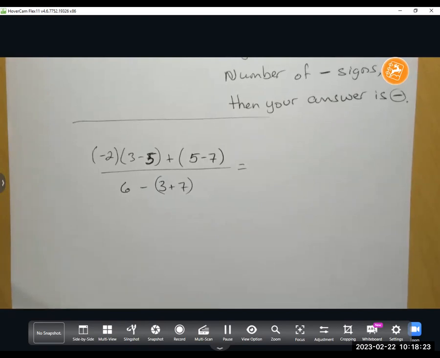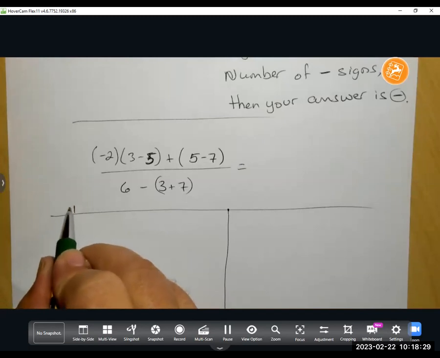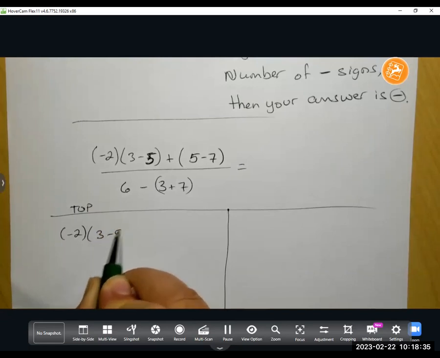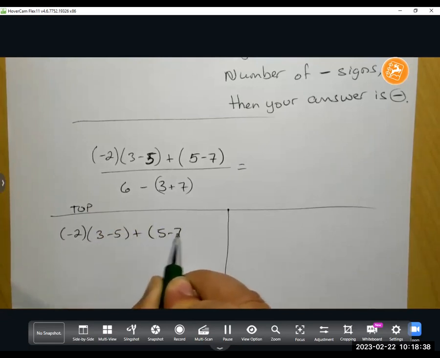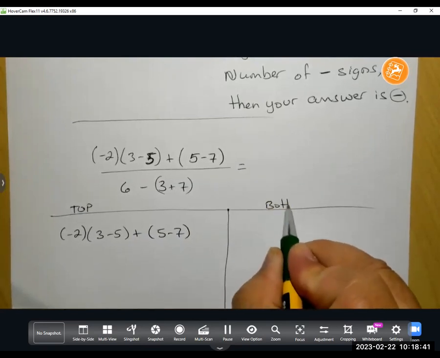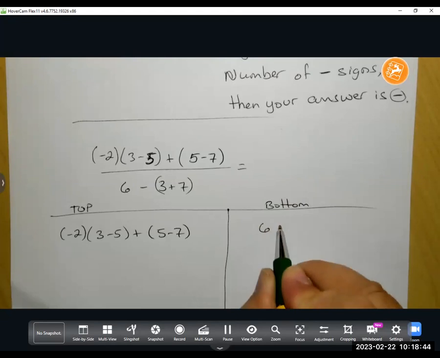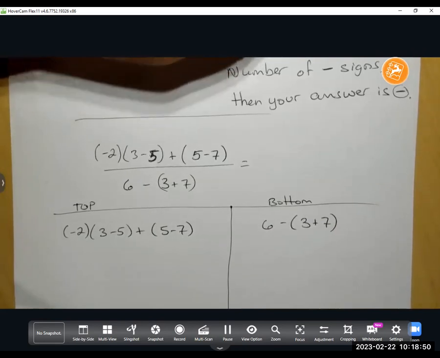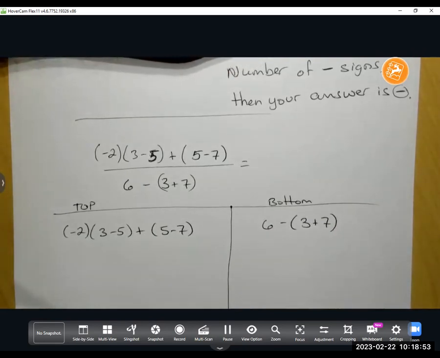Separate the equation, yes. -2 is 5. Bottom. On the top, what do we do first?